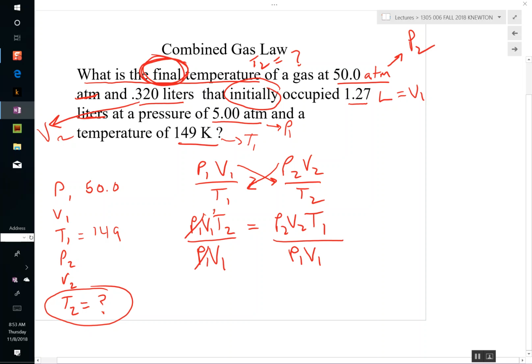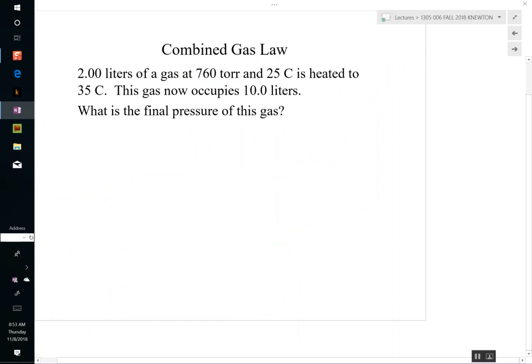P1's cross out, V1's cross out, and we get T2 equals that expression right there. Now you're ready to solve the problem. You can punch in the numbers. I'm going to leave this for you, and there are other combined gas law problems here. Do these. They're a little bit more complicated because there are 6 parameters here.